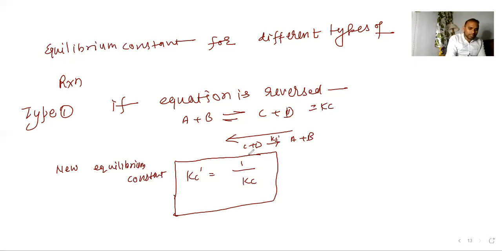So let me try to find one problem. Wait a moment. Yeah, I got the problem. I'm giving you one problem based on it. The question says: Kc for N2 plus 3H2 giving 2NH3, all gases as usual, is 2 into 10 power minus 2.